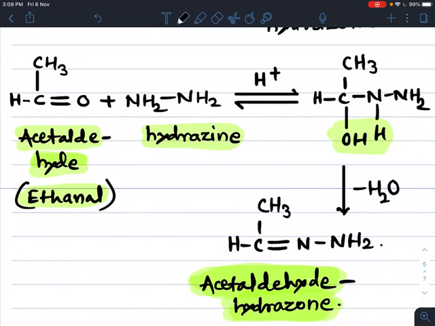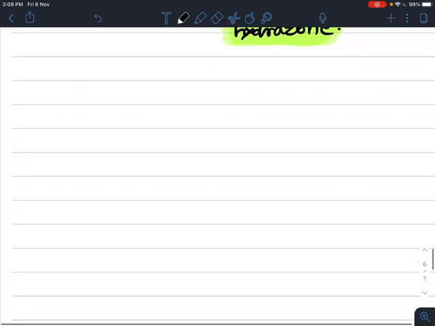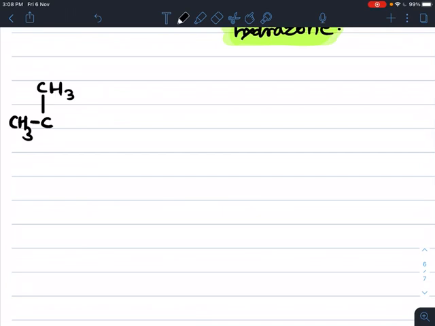Instead of acetaldehyde, if we take an example of a ketone, the first member of ketone is CH3COCH3. The name of this ketone is acetone.